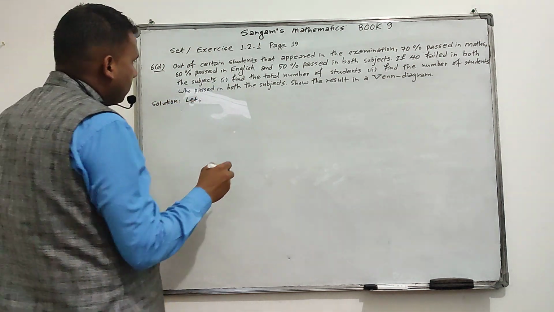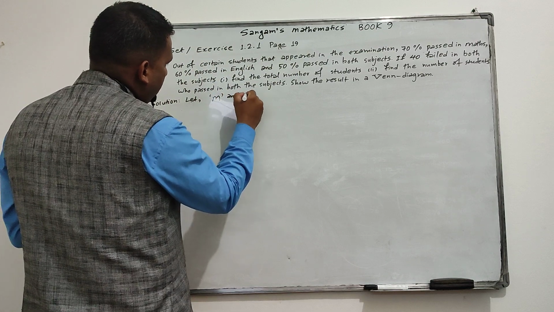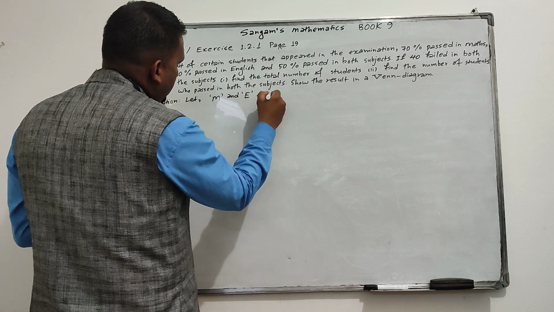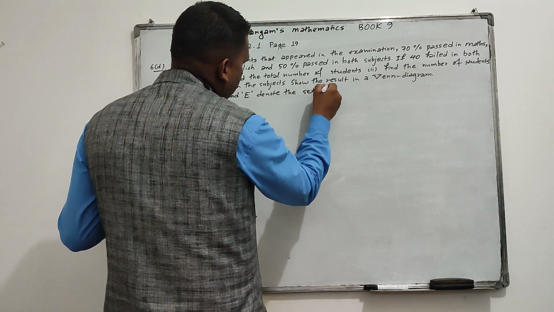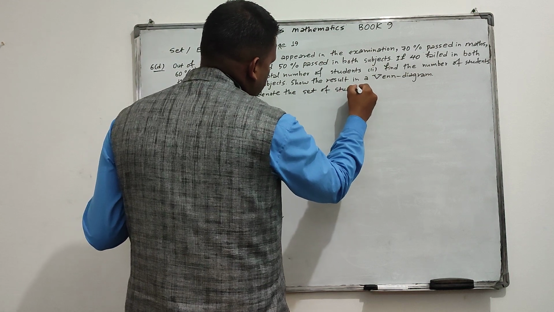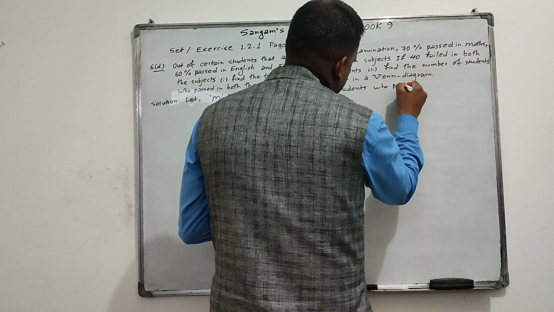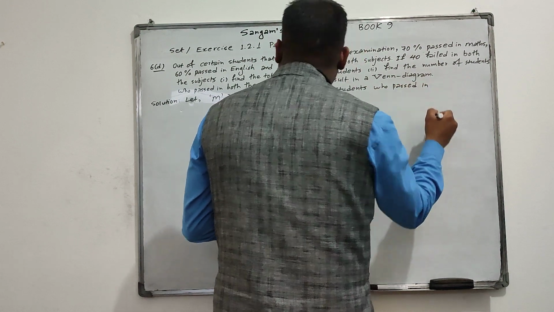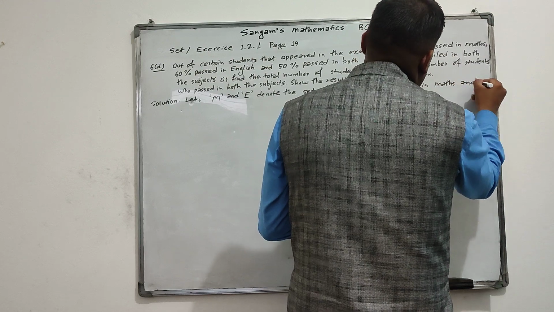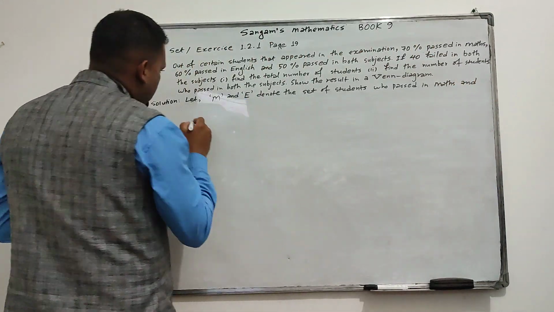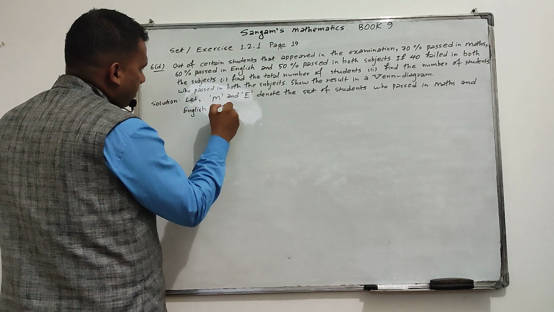Let M and E denote the set of students who pass in math and English respectively.